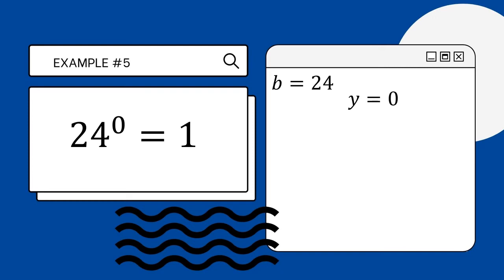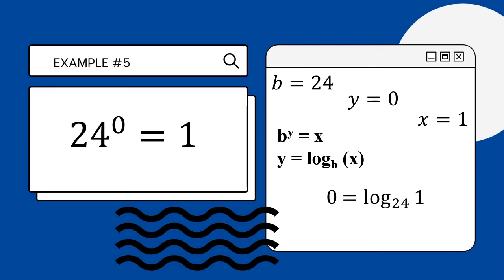Again, we have b raised to y is equal to x. Y is equal to logarithm of x base b. The value of y is 0, so that will be 0 is equal to logarithm of x, which is 1, base b, which is 24. So that will be logarithm of 1 base 24. So this will be our final answer.